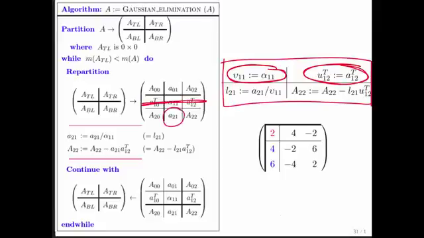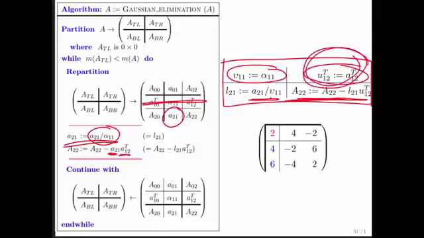This part of A needs to be updated by dividing it by alpha 11, because epsilon 11 is equal to alpha 11, and L21 is supposed to overwrite A21. Then we need to update A22 by subtracting off the outer product of L21 and U12 transpose, but L21 has overwritten A21, and U12 transpose is just A12 transpose. We saw that up here.